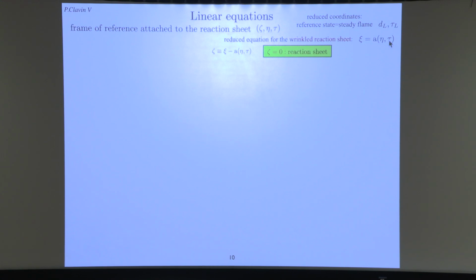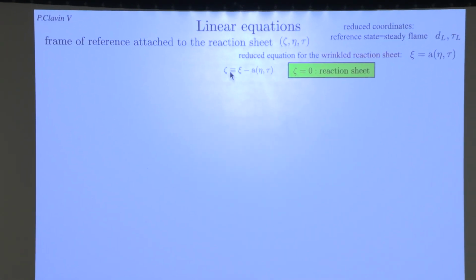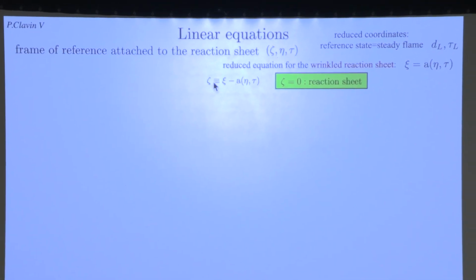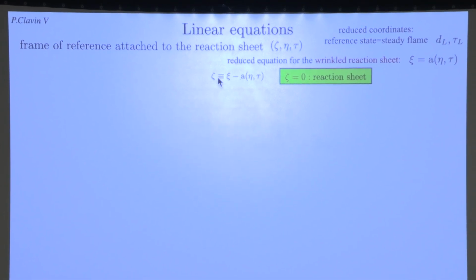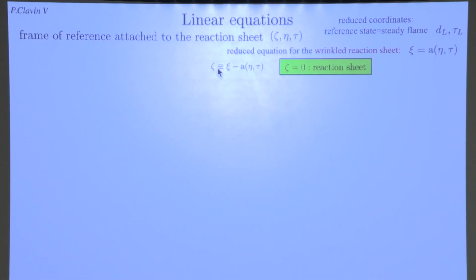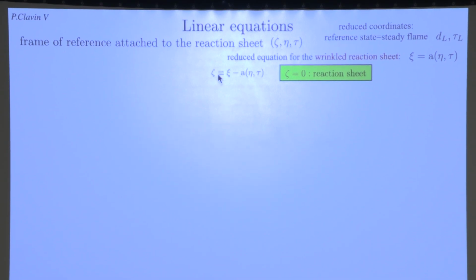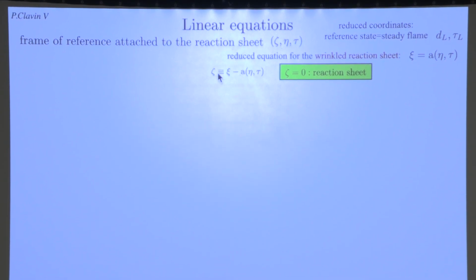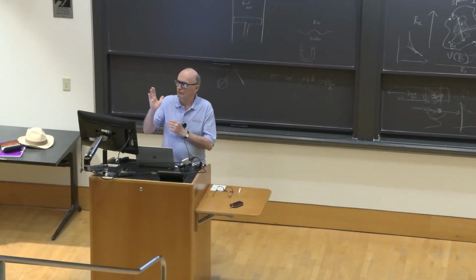So what you introduce to work in this problem is the displacement relative to the flame position. You attach the reference frame to the moving front.